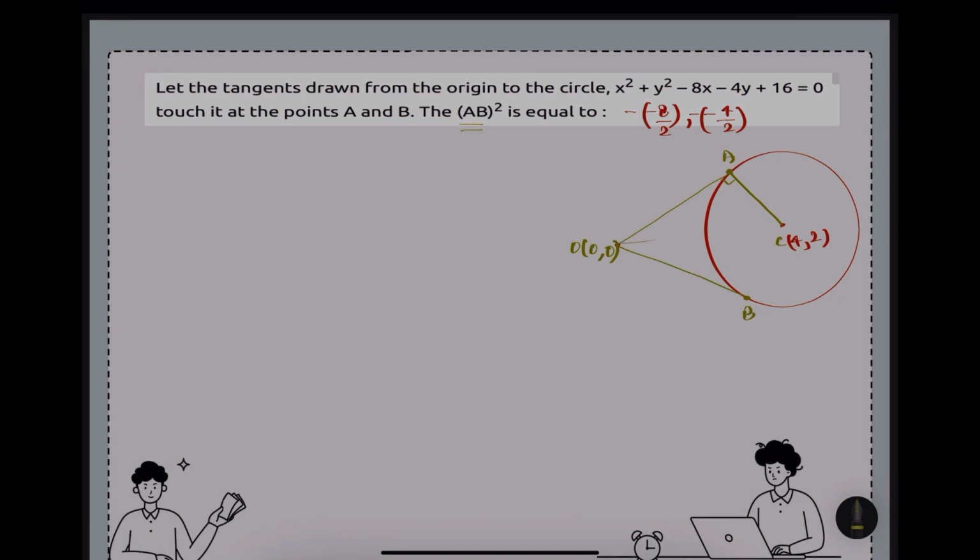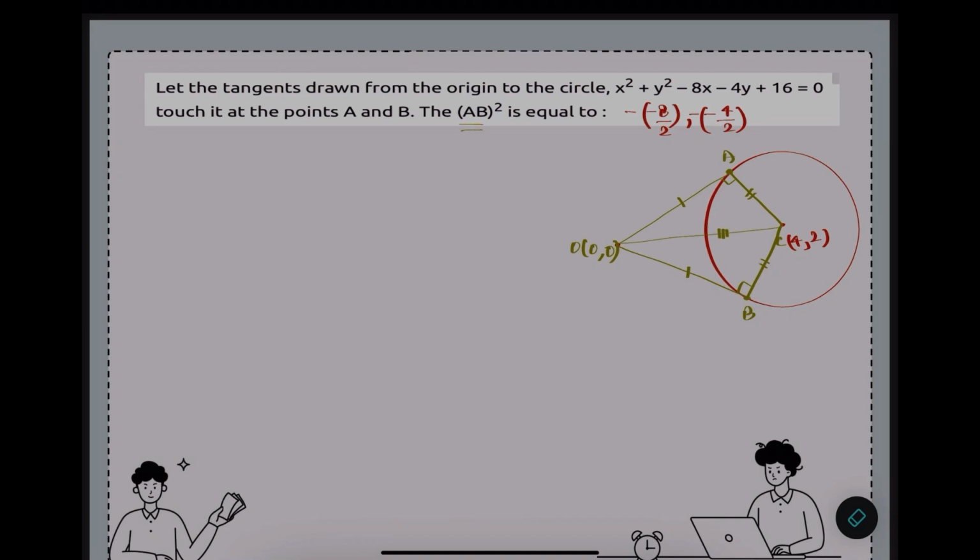Now look at this, I feel that both triangles are congruent. Why? Tangents drawn from an external point are equal in length. This thing is equal to this thing. It's a radius. This thing will be equal to this thing because it's common. So these two triangles are congruent.